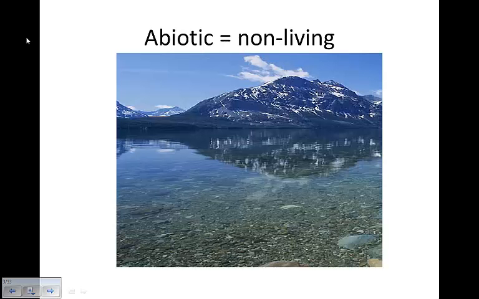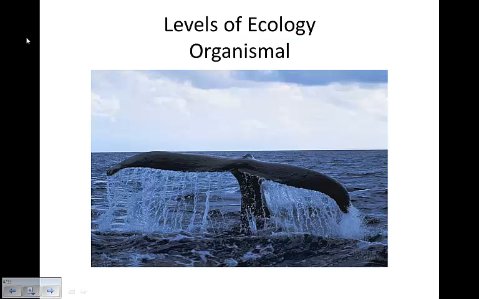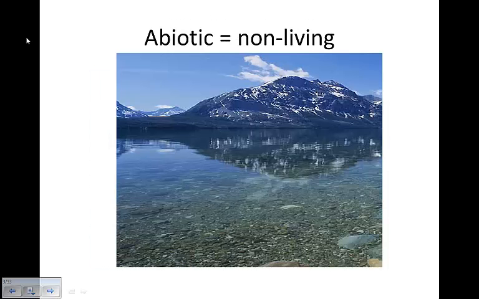So abiotic, these are the non-living environmental factors. The environmental factors that are without life. It's important to note that they've never had life. So temperature, light, water, nutrients, soil, and wind, these are all types of abiotic factors.